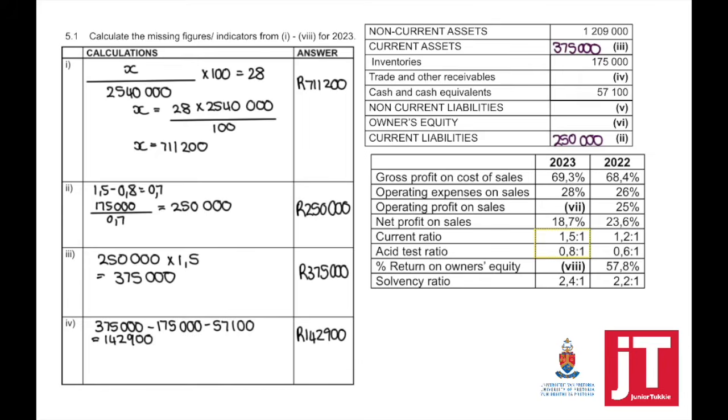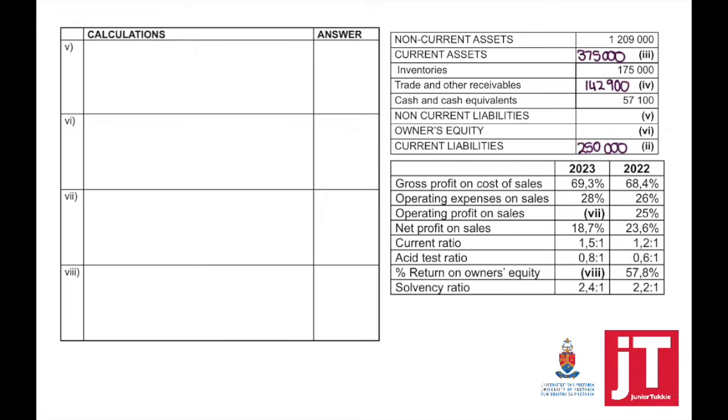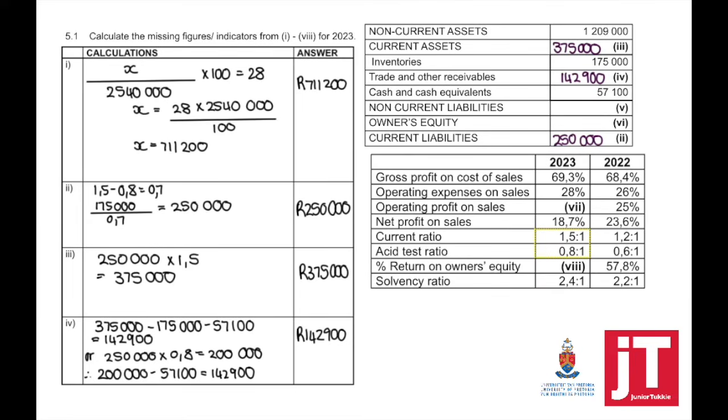But you have another option. You can take your asset test ratio: 250,000 times 0,8 equals 200,000. 200,000 minus cash and cash equivalents equals exactly the same answer, which is 142,900.